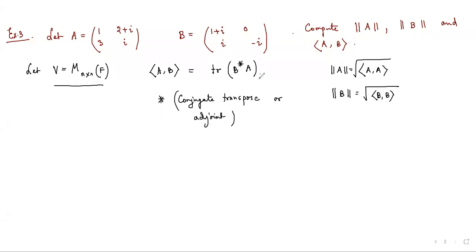Remember, I have already explained these things in the class. This sort of inner product is called the Frobenius inner product. So by this Frobenius inner product, you can calculate the norm of these matrices and the inner product between the two matrices.